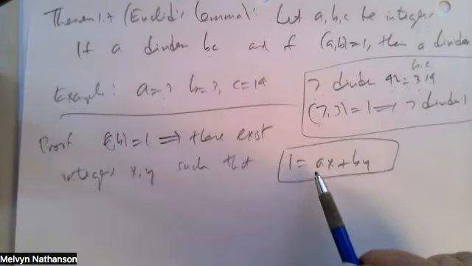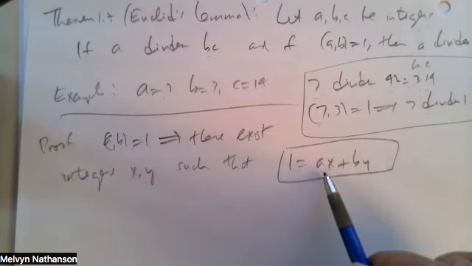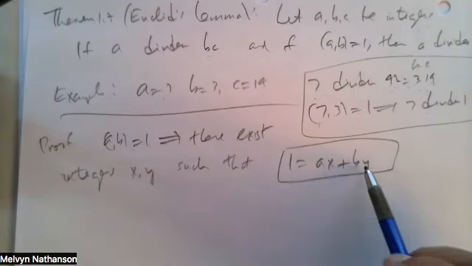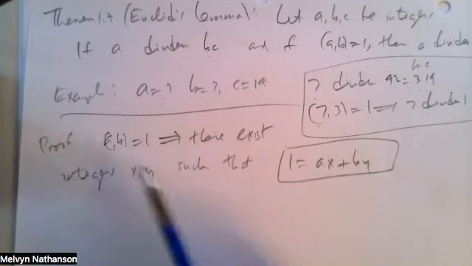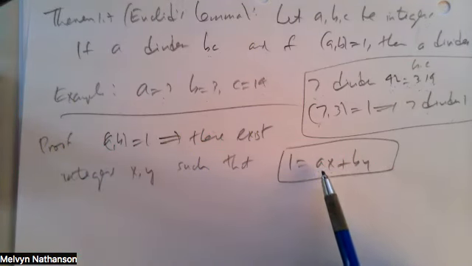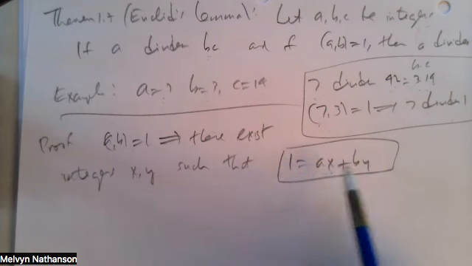The greatest common divisor of A and B is an integral linear combination of A and B. We're given that the greatest common divisor of A and B is 1, so there exist integers x and y such that ax plus by is equal to 1.